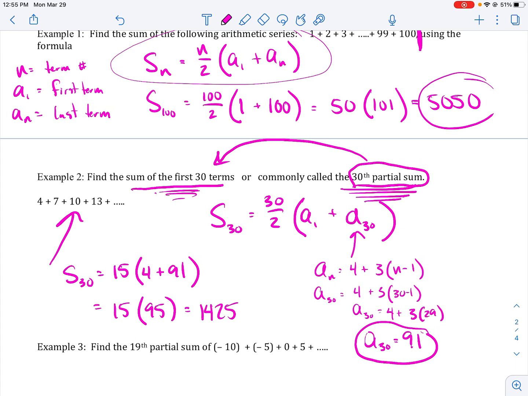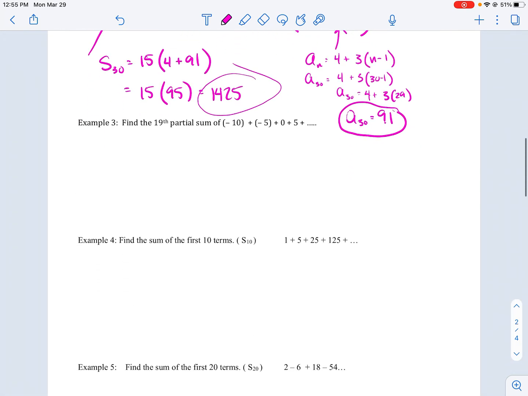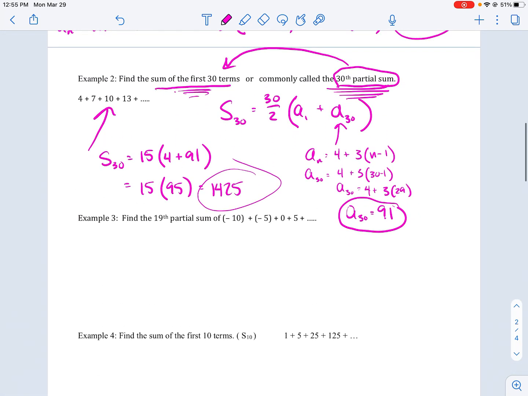Okay, I'm satisfied. So that's the sum of all those numbers in that arithmetic series. Sequence. Series, sorry. I always get them confused. My bad. I'll try to make sure I don't mess up like that. So anyway, that is the sum of the first 30 terms from that arithmetic sequence.